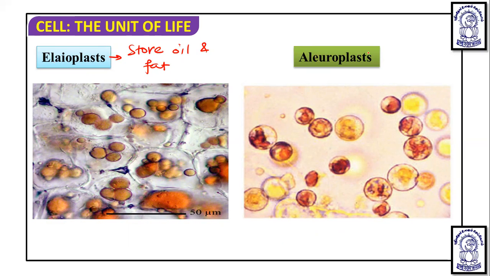Whereas if you talk about aleuroplast, this aleuroplast stores protein. Okay, because we will study that the aleurone layer is found in maize, which is proteinaceous in nature. So the aleuroplast term is proteinaceous in nature.